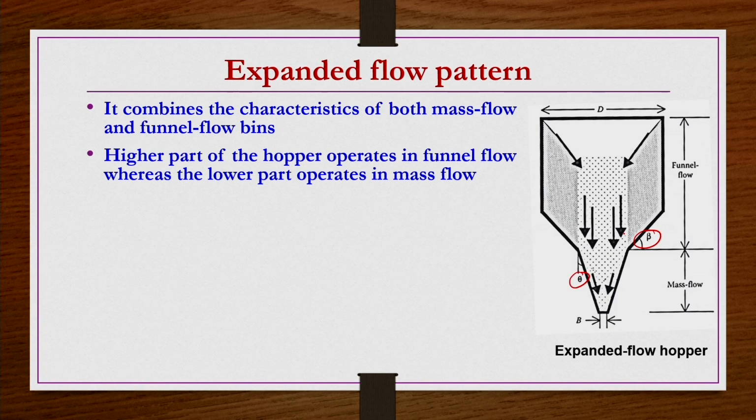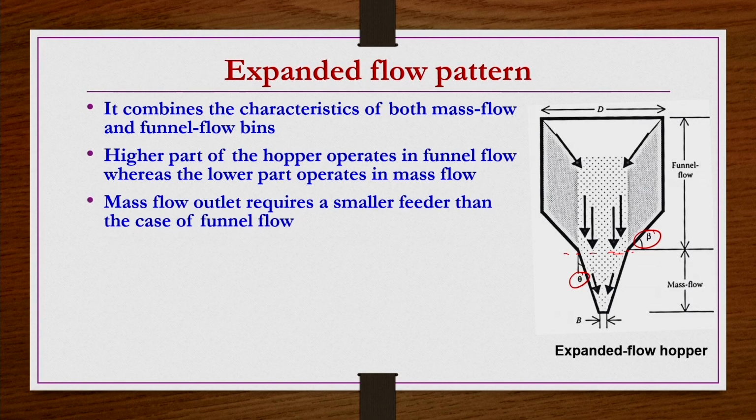When you know the critical dimension of the rat holes for a funnel flow, then below that you can have another hopper where you can have mass flow. So, it is a modification of funnel flow, to avoid some of the disadvantages of funnel flow that we have seen.